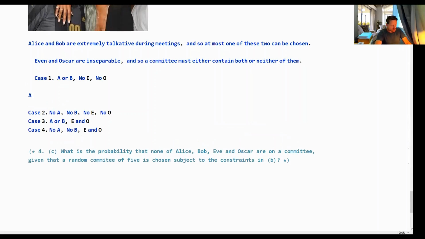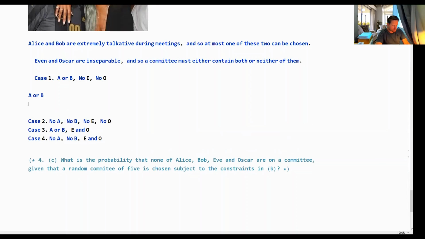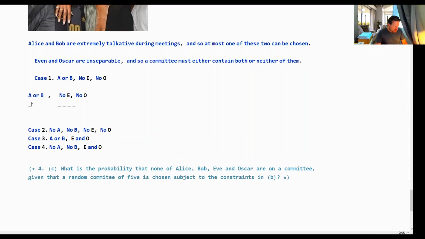So for case 1, A or B, and for that we've got one place. And then also we've got no Eve and Oscar, but how many places have we got left? For this we have another 4 places. So in this box here we can put Alice or Bob, and so that's 2 possibilities, and we're multiplying, so 2 times.